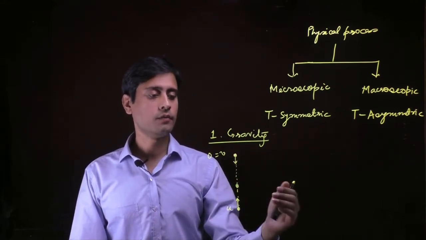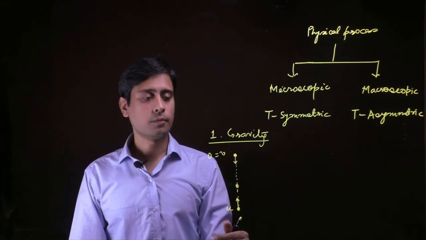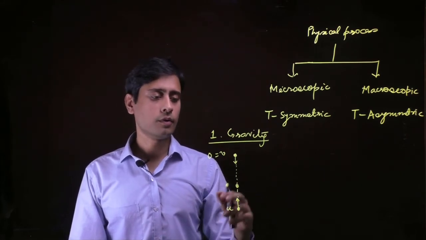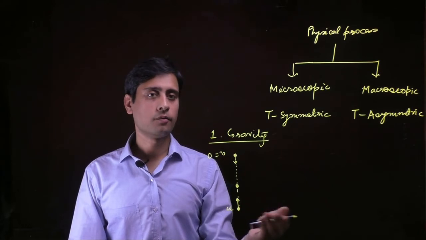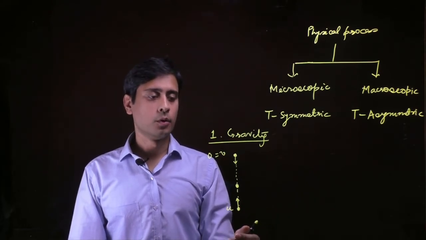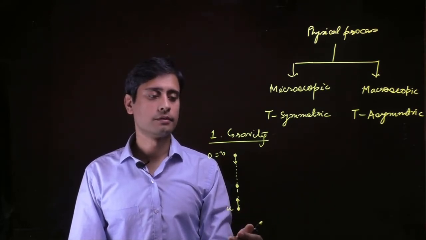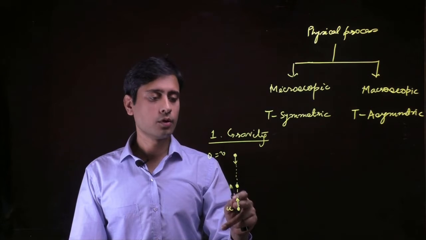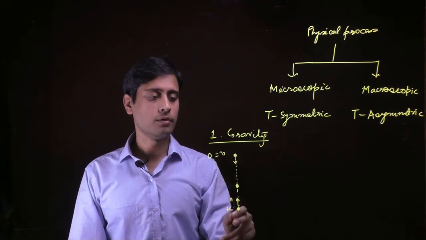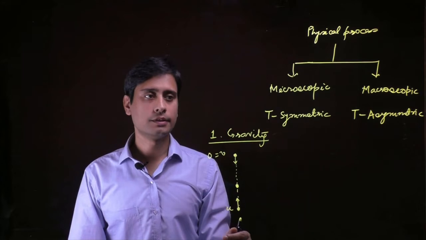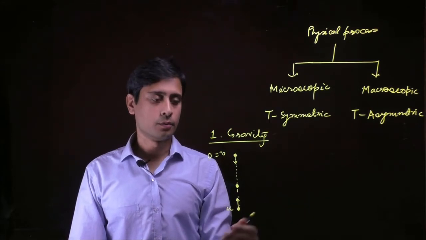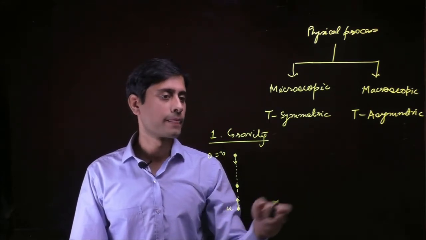So when you play the video in the backward direction, you will not be able to find the difference whether you are playing it in forward direction or backward direction. Both will seem to be real. It will go up and down in both cases. So we will not be able to differentiate between forward and backward.